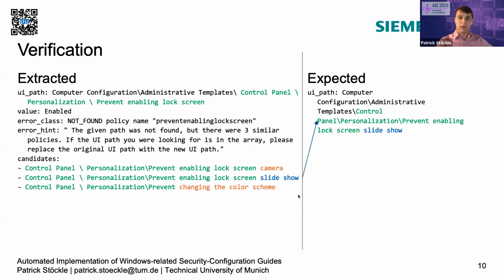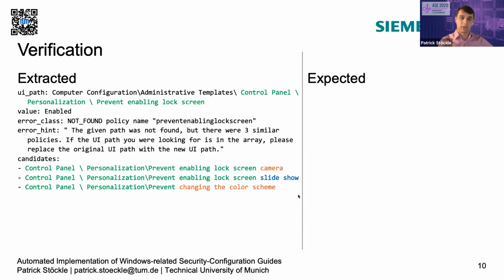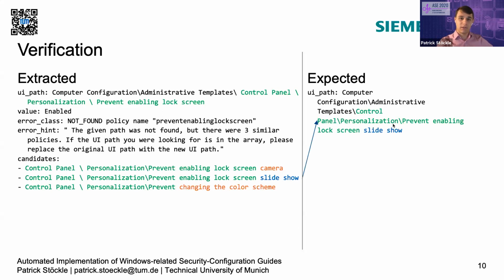What the security administrator now only has to do is see from the list of very good candidates that this is what he or she actually wants to configure, and can copy the value, and this is verified, so that he now knows, hey, this is an existing setting and the value is also matched.